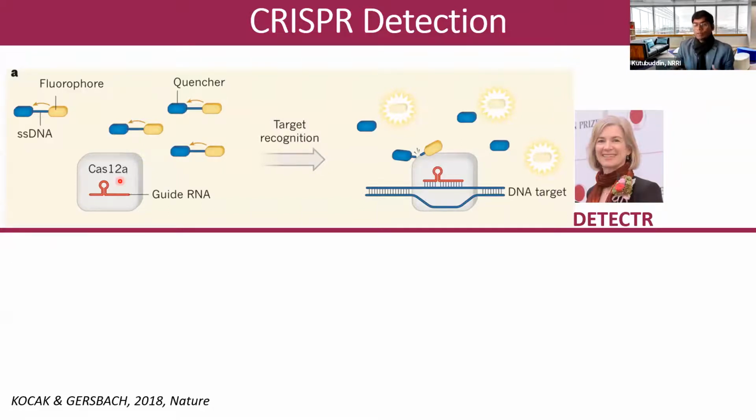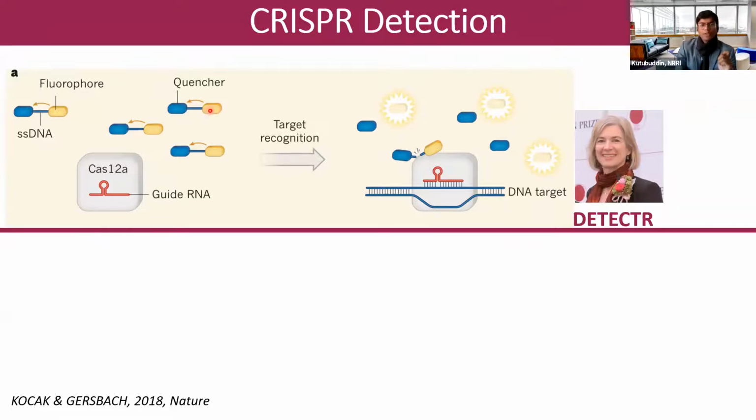Okay, so these properties of this protein have been used in a detection method. Suppose you have a tube with some viral DNA, and you want to detect whether Cas12 can detect that viral DNA in the tube or not. So you add Cas12a, and then you add the address, the guide RNA, and you also have to add a single-stranded DNA which is linked with a quencher dye and a reporter dye.